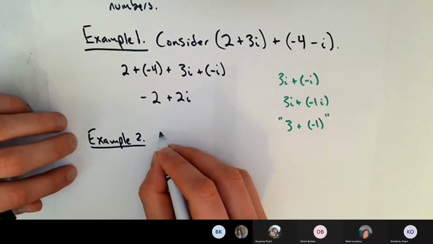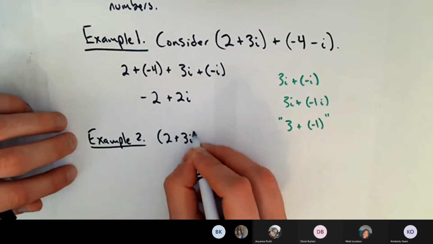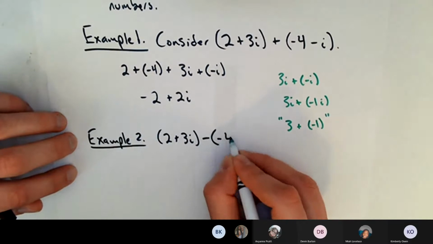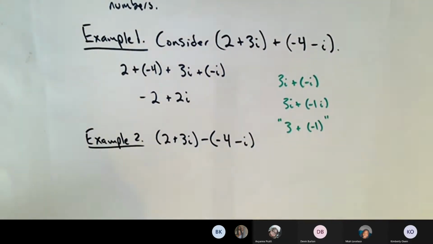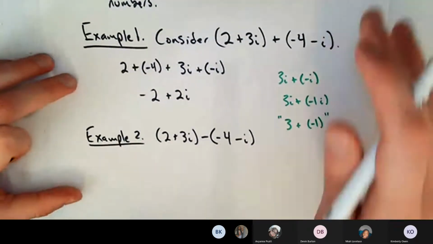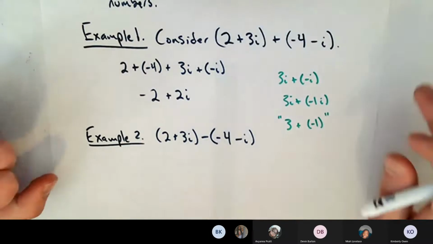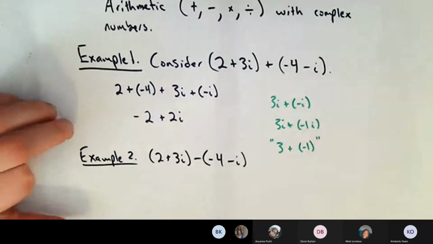Okay, let's move to subtraction. Let's do 2 plus 3i. We'll just do the same ones, but we'll subtract them. Minus -4 minus i. So we're going to change this into an addition problem, and then we're going to use our addition rule.